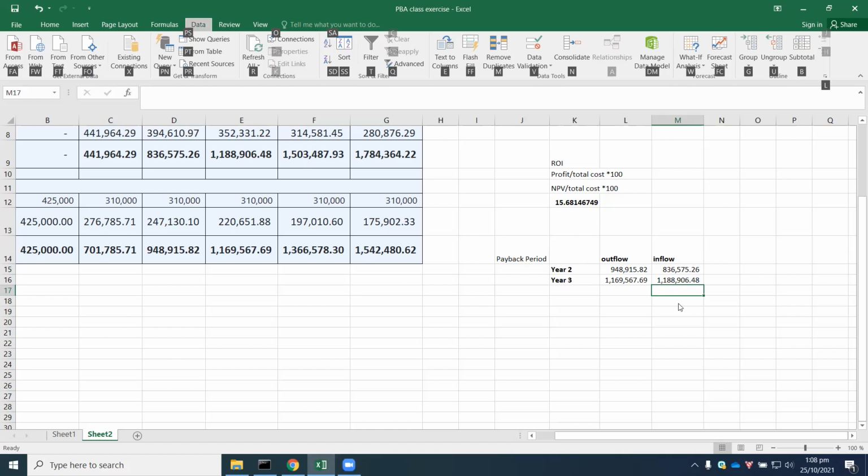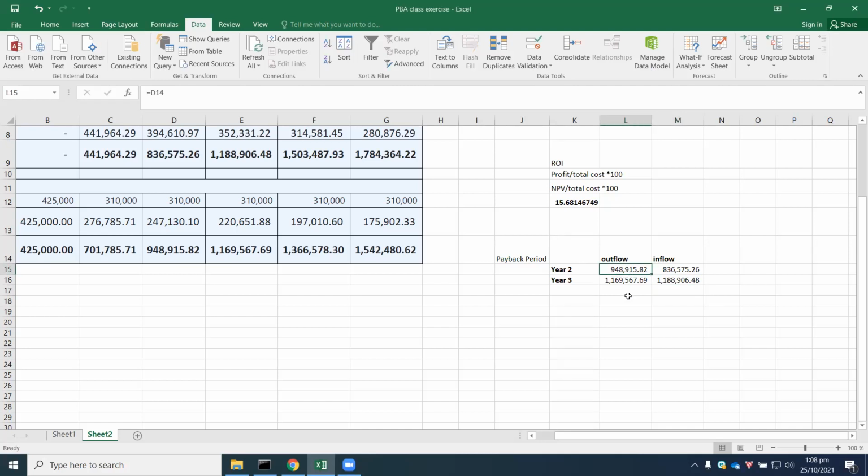Okay, let's work this out. So your year 2, if you look at the value for your outflow, it's $948,915.82. For your inflow, it's $836,575.26.